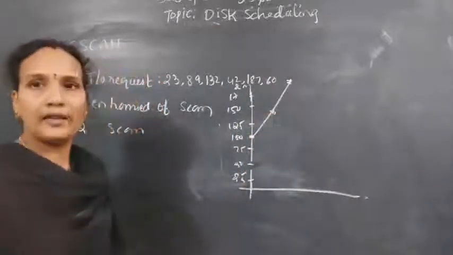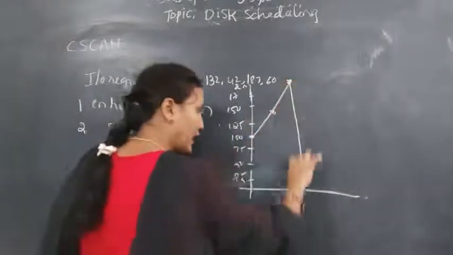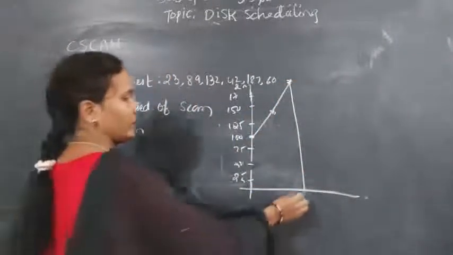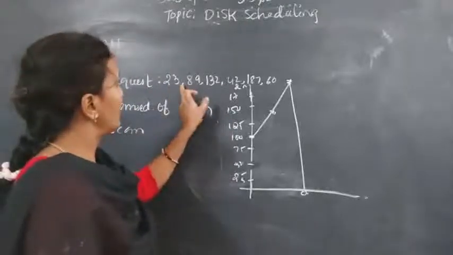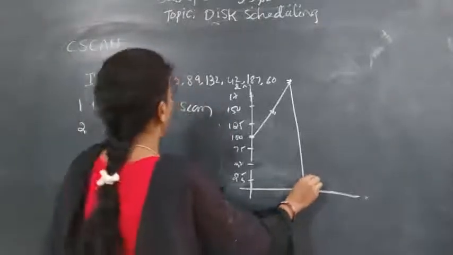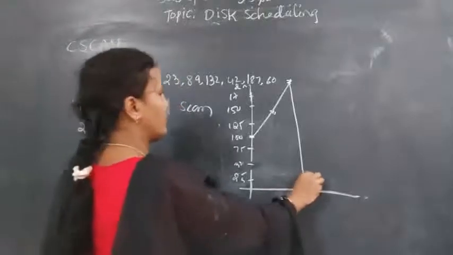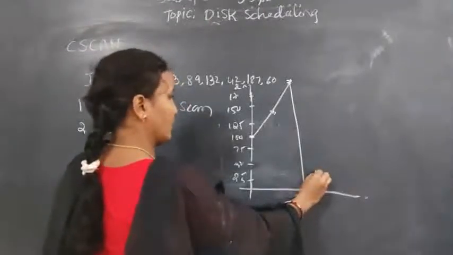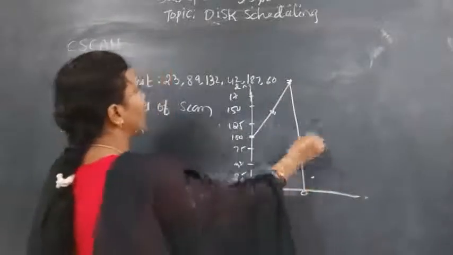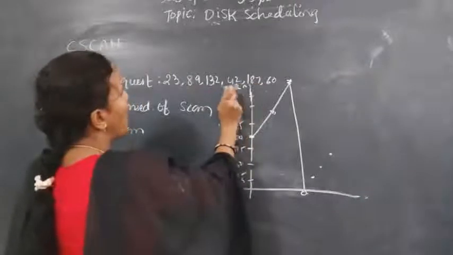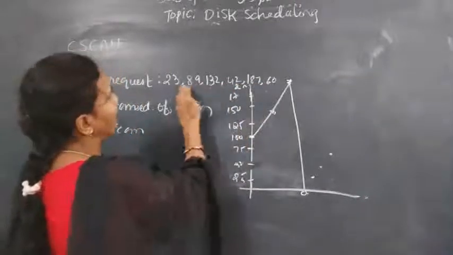After 132, 187, for example. After 187, immediately it will come down to 0. Next, after 0, what is the next one? 23. After 23, 42. After 42, 60. After 60, 89.